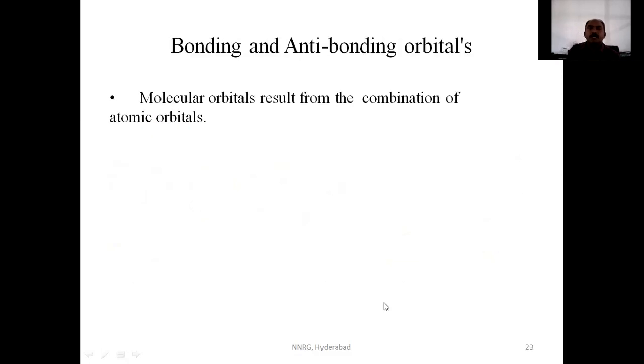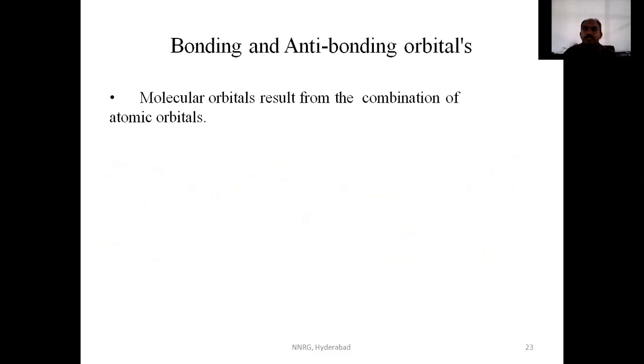So coming to the bonding and antibonding orbitals, why do we need to study them? Because molecular orbitals are formed by the overlapping of a combination of two atomic orbitals. When you come to the benzene structure, it is not only one structure that is formed in the molecular orbital structure.